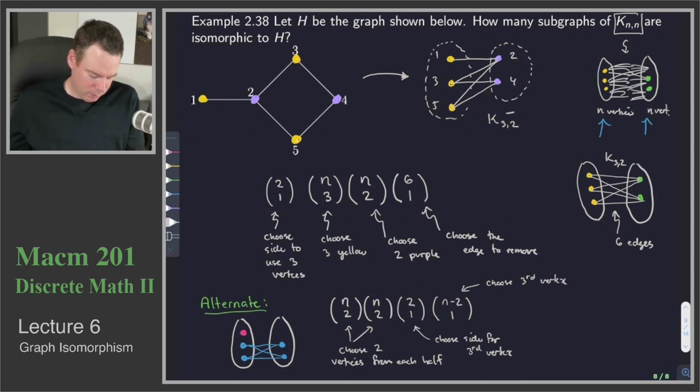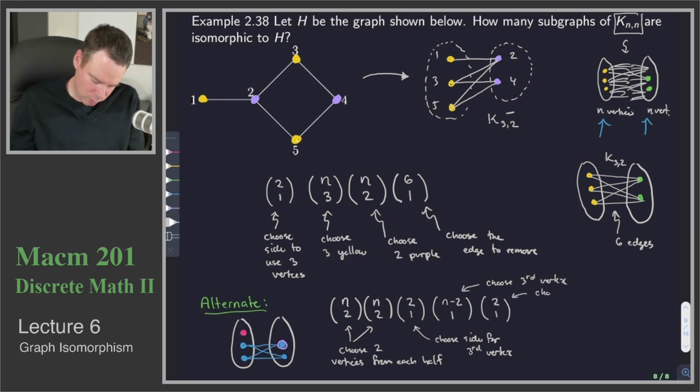So now we're at the picture we've got so far. Now what do I want to do? Well, now I want to figure out which of the 2 vertices on the other side I'm going to connect the red one to, because I've got to leave one of the connections off. So of those 2 vertices, I will pick one of them to connect to.